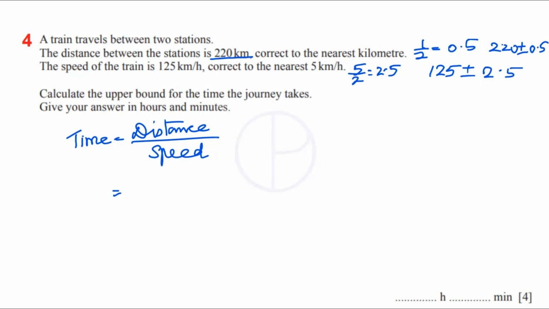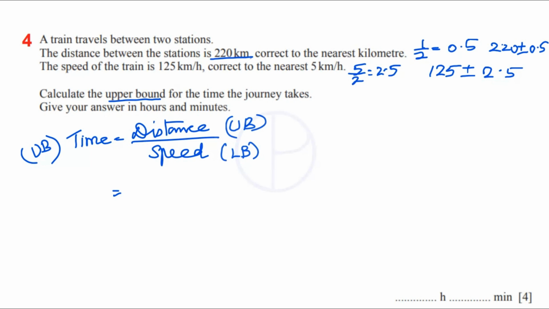So we need to calculate the upper bound for the time. To get the upper bound of time, we need to take the lower bound of speed because both are inversely proportional, and time and distance are directly proportional. So for this also you have to take upper bound.